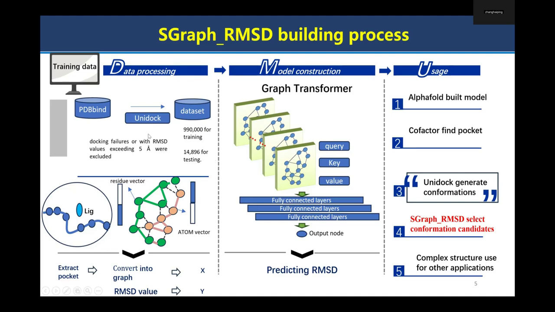Importantly, we removed those docking results whose RMSD value exceeds 5 angstroms.